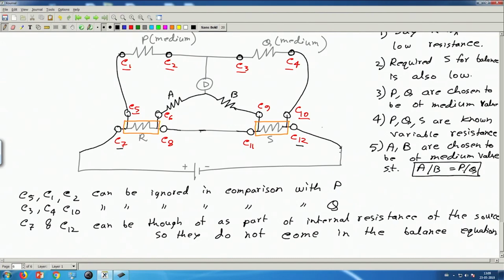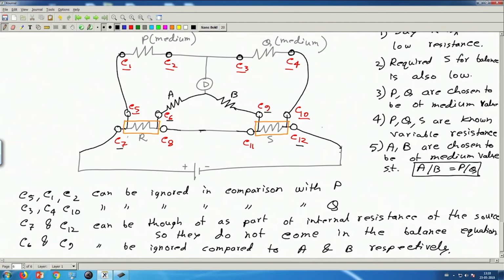If we change A, we change P. If we change B, we change Q, so that this ratio is maintained. And A and B are chosen to be of larger value. So C6 and C9 can be ignored compared to A and B respectively. Okay, so this is not a problem, this is also not a problem.